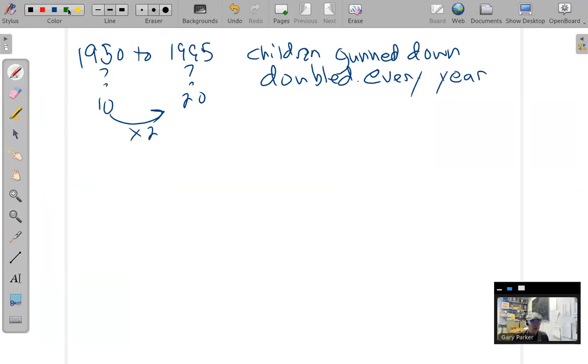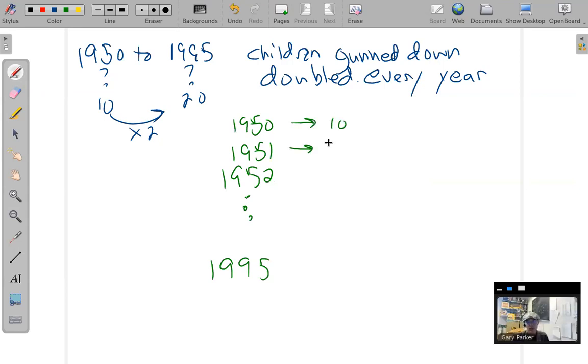All right, so at first glance, I'm not sure this is reasonable, because now I think I need to do something like write down 1950 and 1951 and 1952 and so on, all the way up to 1995. So if I started with 10 here, then it would be 20 there and 40 there, and then I got to figure out how many that is here.